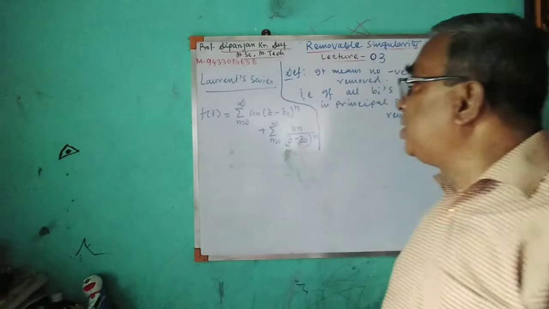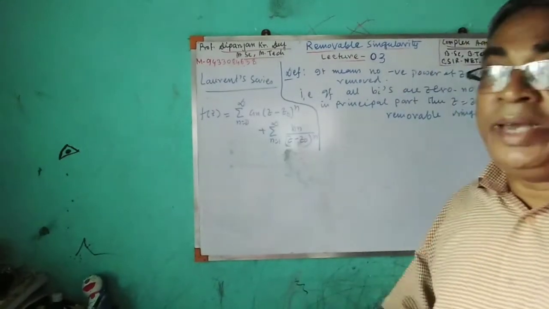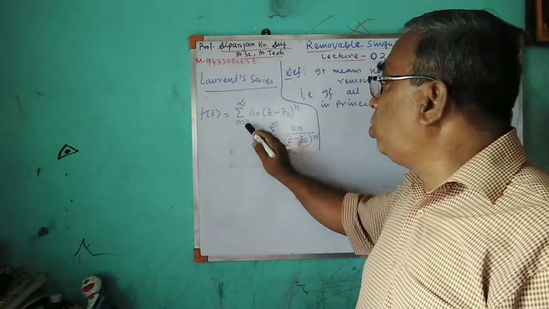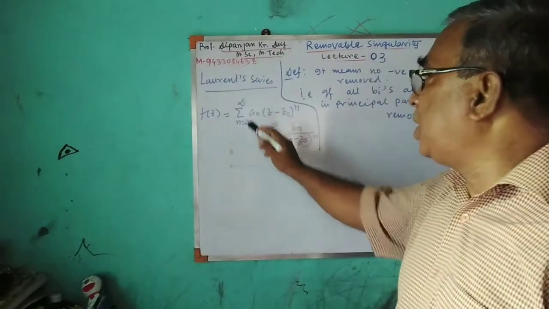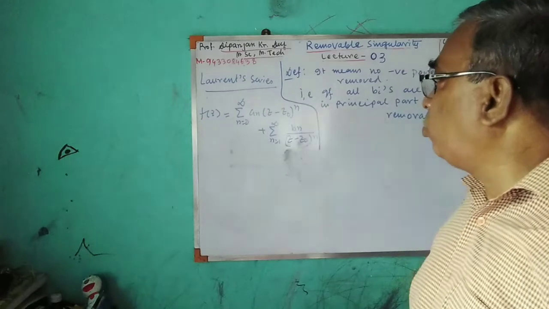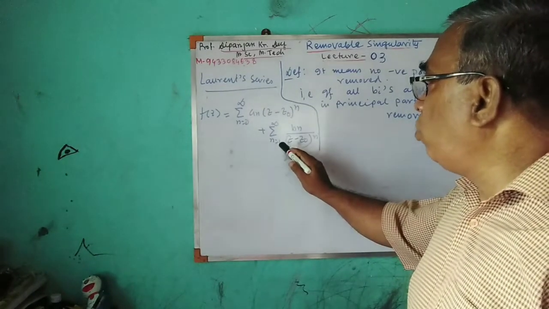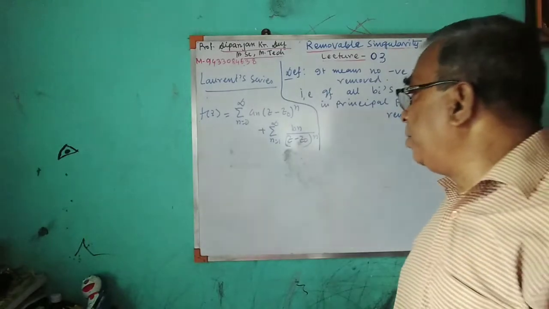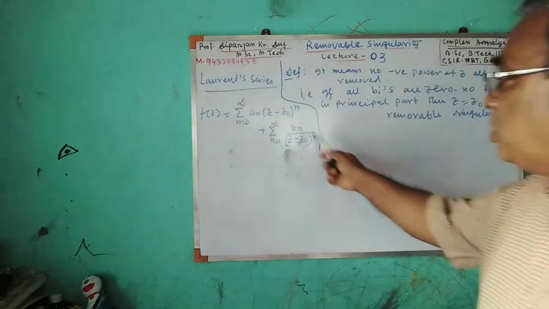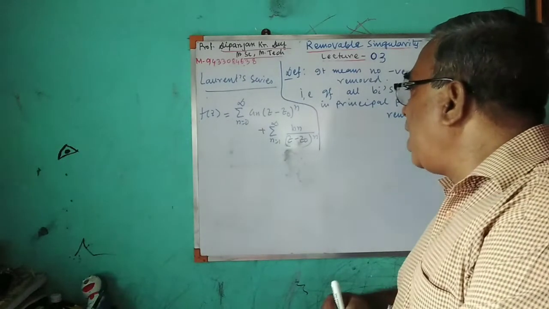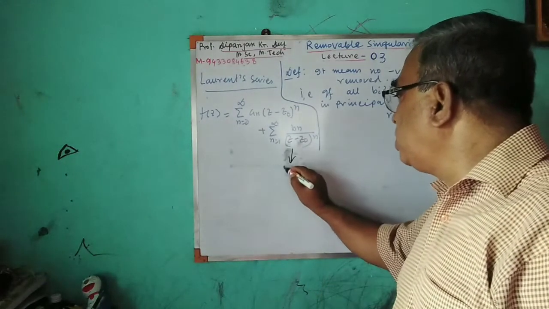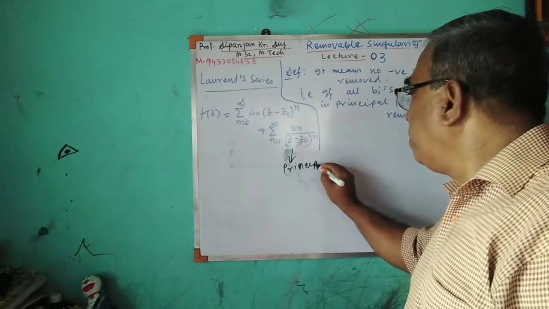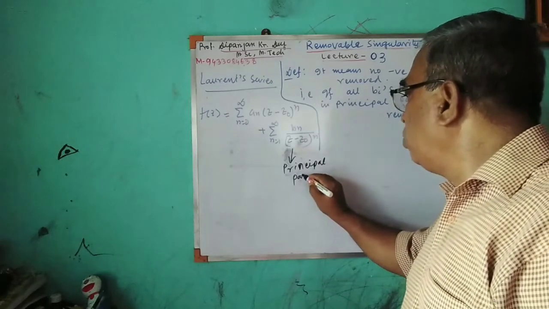The Laurent series says f(z), where z is a complex variable, equals the summation n equal to 0 to infinity of a_n (z minus z0) to the power n, plus the summation n equal to 1 to infinity of b_n (z minus z0) to the power minus n. This second part is known as the principal part.